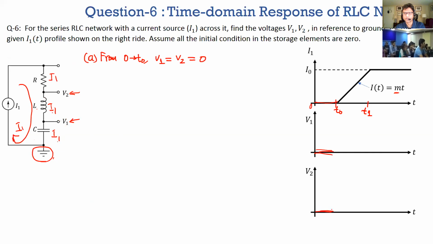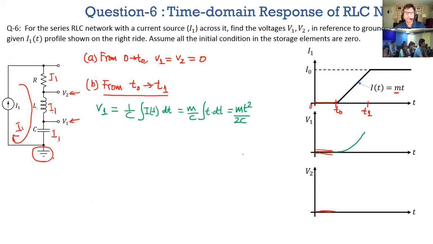These portions are 0 here. Now from T0 to T1, you have a ramp of current with some slope m. The voltage across the capacitor is the integral of 1 over C times that current, and because it's a slope, it's going to be a quadratic. That's your voltage V1 here.